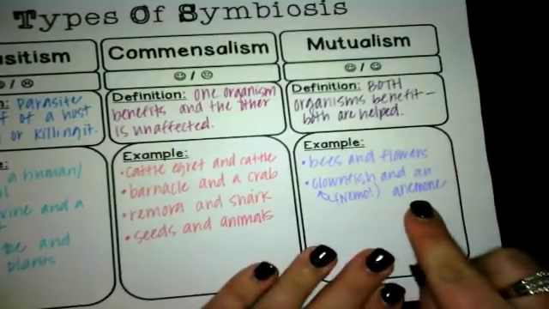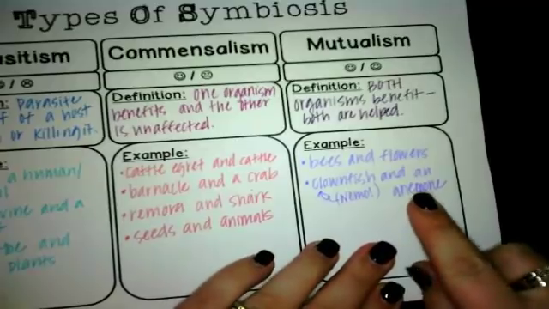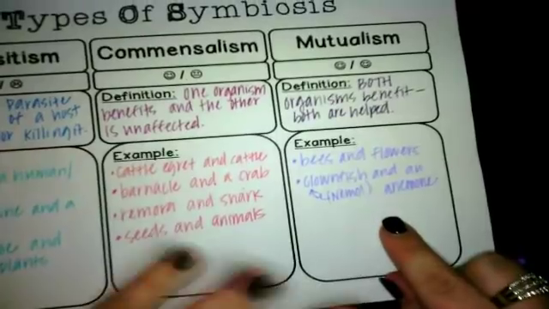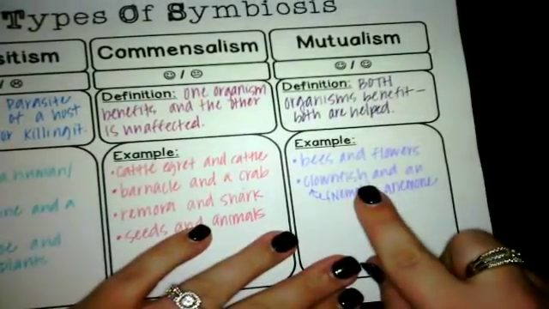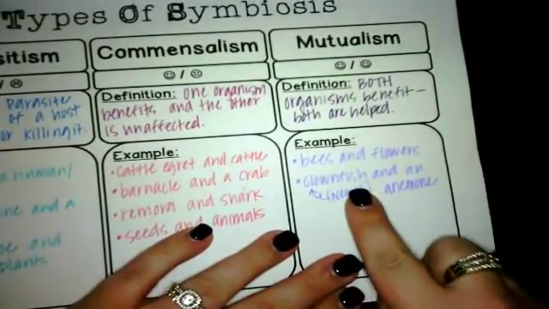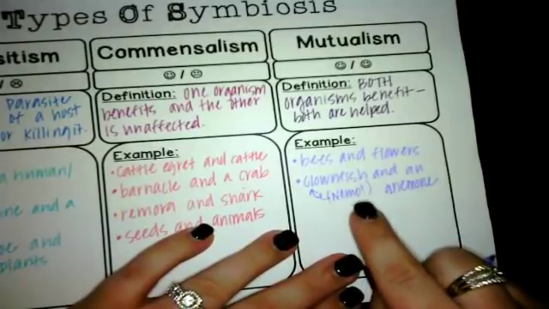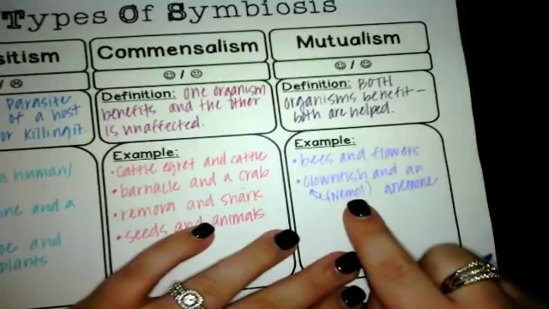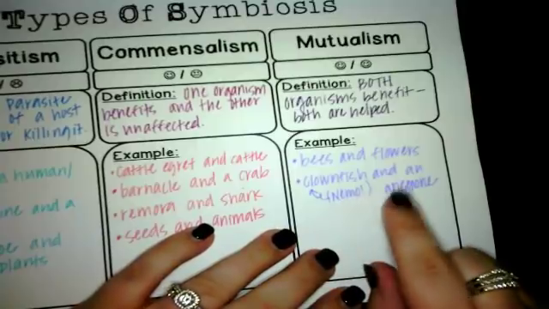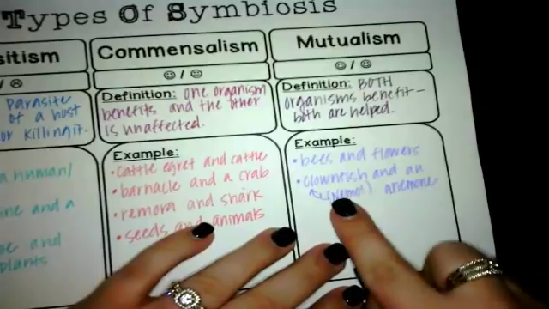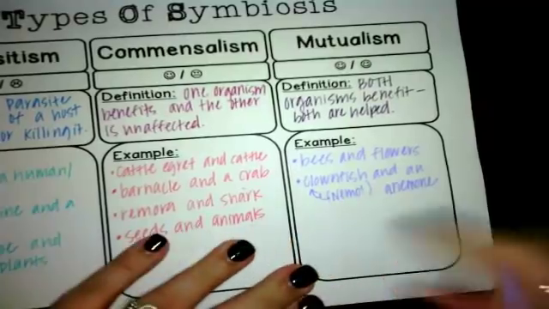Whew, that was a tough one. Anemone. Okay, so if you've seen Finding Nemo, there's no reason for me to even explain this. An anemone is what Nemo lives in. Okay, it helps the clownfish by giving it somewhere safe that other people cannot get to. The clownfish has an adaptation to where it can live in the anemone and not get hurt. And the anemone gets cleaned by the clownfish going in and out.